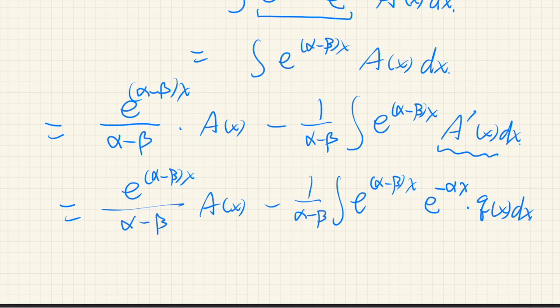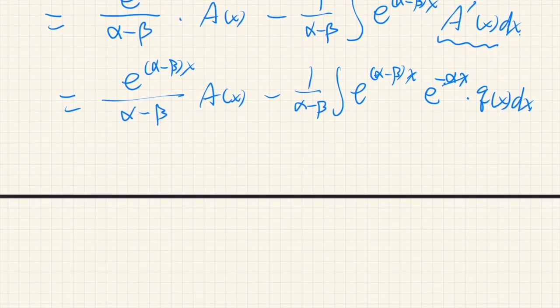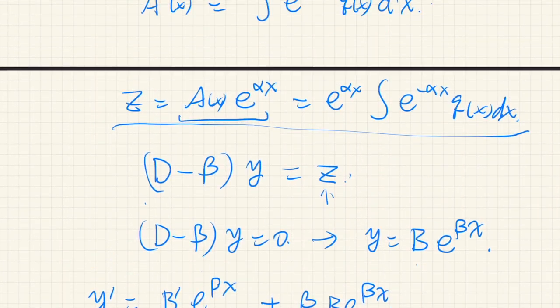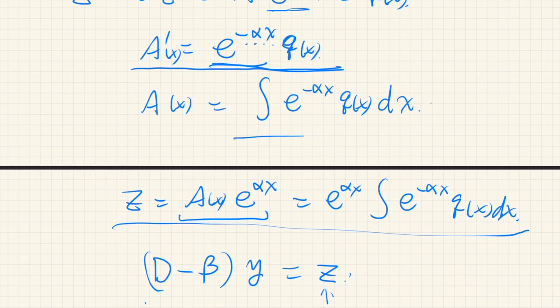So this alpha x and this alpha x are cancelled. So after all, we have this. Let's use this a of x, replace that by this one.